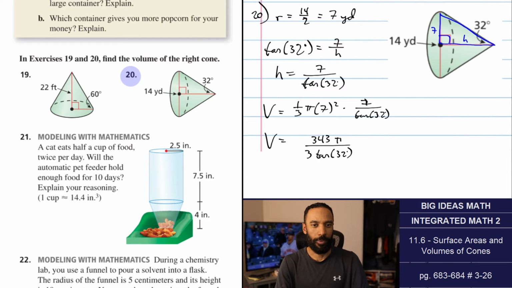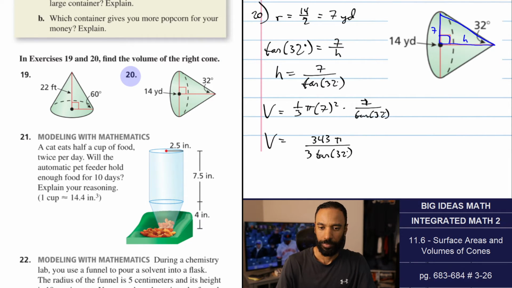I'll type that out so you can see it: (343 pi) divided by, in parentheses, 3 times tangent of 32. I believe I'm in degrees. It's my first trig thing to do. 574.82 cubic yards.